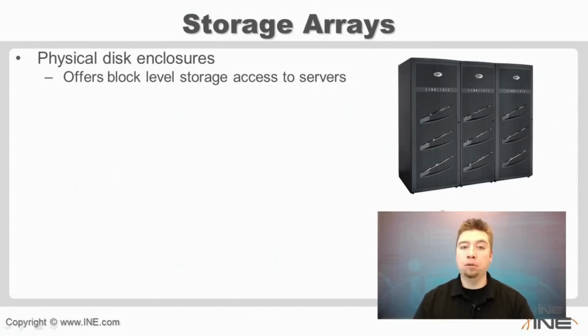So we're writing at the block level, so whatever our low level storage protocol is, then that's going to be going to the storage array. Now inside the storage array, of course, there could be different types of how the disks are configured.